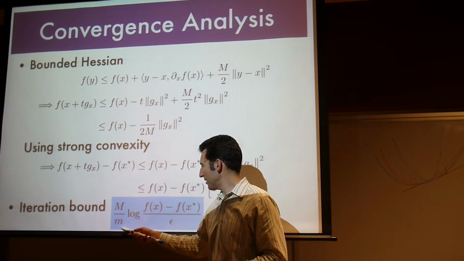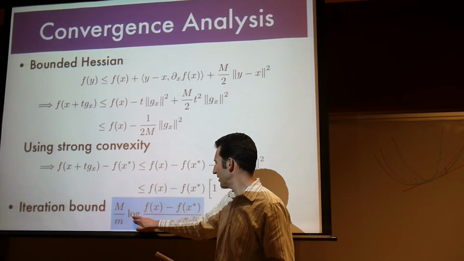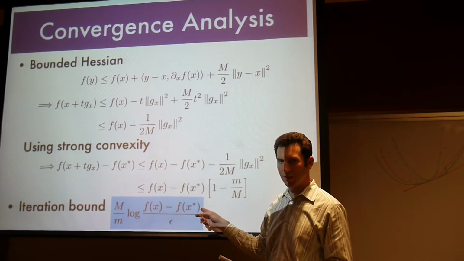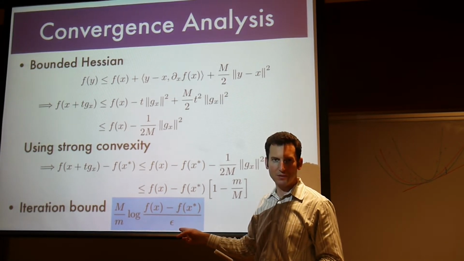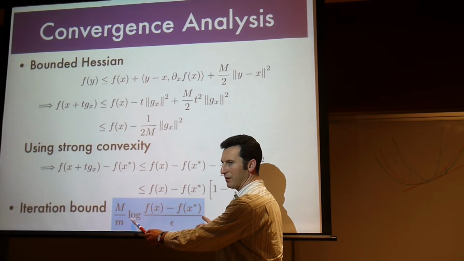So it tells you that essentially the condition number determines things, times the log of how far we are from optimality initially divided by my accuracy requirement. The good thing is this only enters logarithmically.